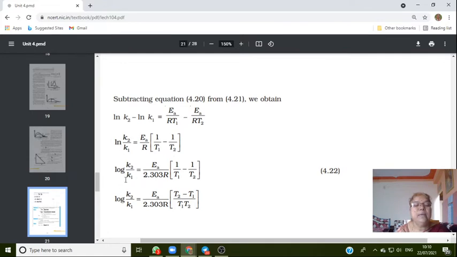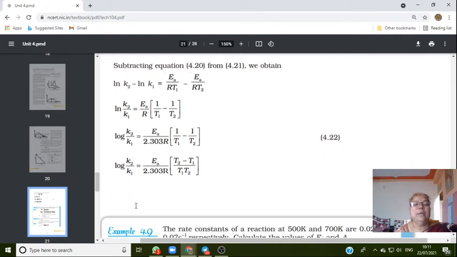Changing natural log to log base 10, we can write this equation as log K2 by K1 equal to EA upon 2.303 R into 1 by T1 minus 1 by T2, or log to the base 10 K2 by K1 equal to EA upon 2.303 into T2 minus T1 upon T1 into T2.